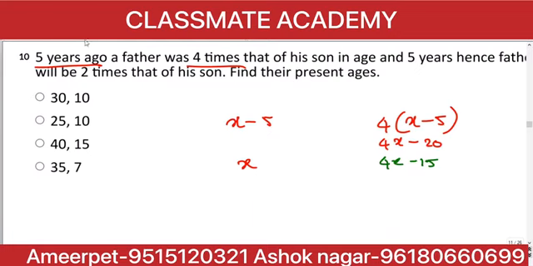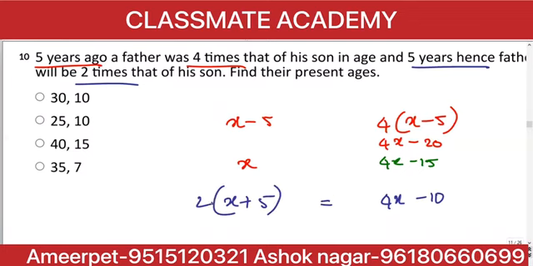Now what is it asking? It's asking 5 years hence. 5 years hence means I can write x plus 5. What about the father? 4x minus 10. Yes or no? Minus 15 to minus 10 because 5 years hence. How many times? 2 times that of his son. So his father's age is equal to 2 times the age of the son. If you solve this, what's the value of x? 2x plus 10 is equal to 4x minus 10.